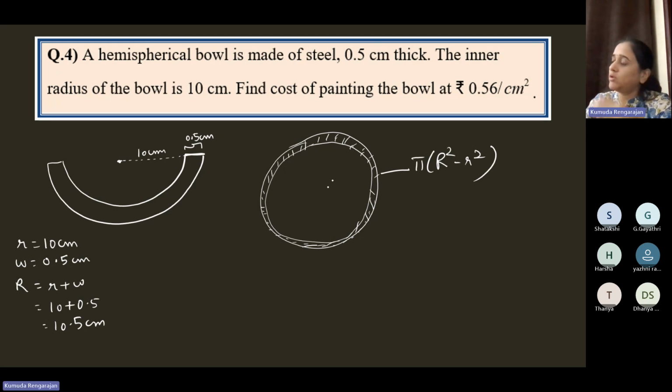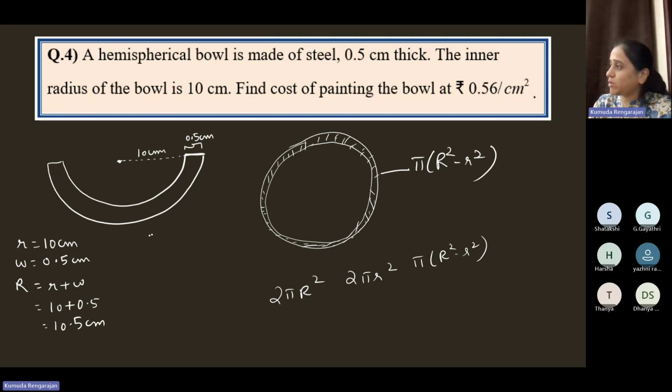Okay. Outer CSA: 2 pi capital R squared. Inner CSA: 2 pi small r squared. Area of the brim on the top: pi R squared minus r squared. You need to find the area of all these three surfaces, add them together, and that will be the total area to be painted.